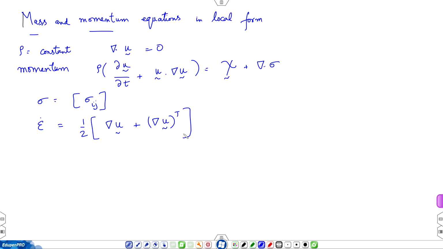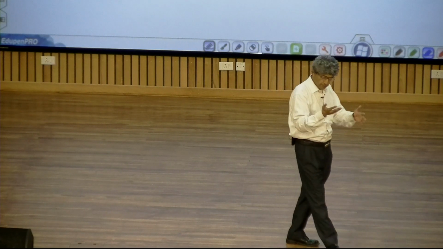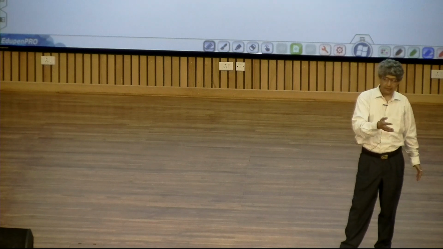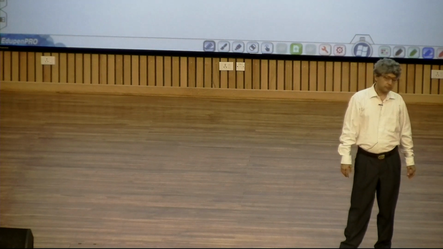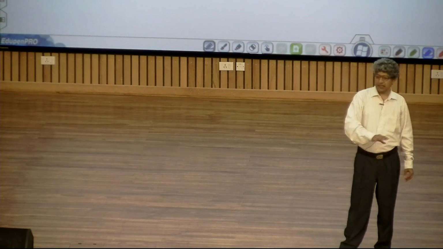So strain in solid mechanics, for an object, is like a change in length over initial length, or it could be defined in terms of the angular deformation. So, it gets expressed in terms of displacements.